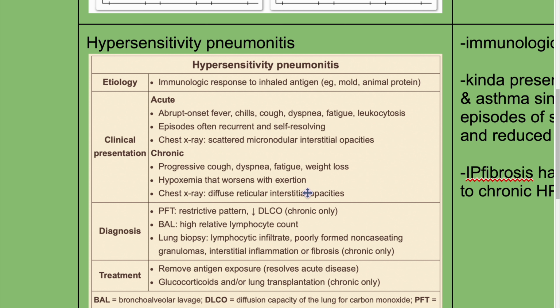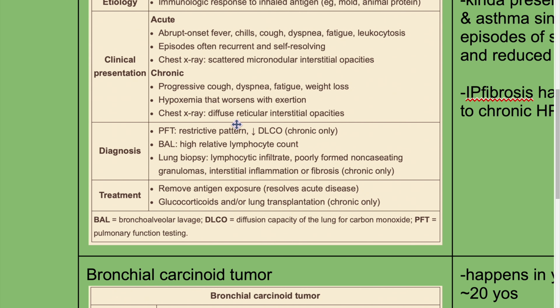Hypoxemia worsens with exertion. Chest x-ray shows diffuse, meaning all over the place, reticular interstitial opacities, whereas in acute it's scattered micronodular interstitial opacities.